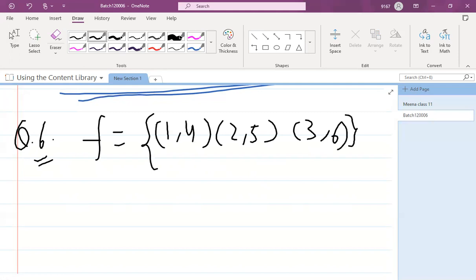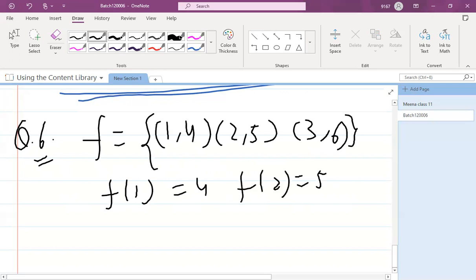So actually we have f(1) equals 4, f(2) equals 5, f(3) equals 6. We see that they all have unique values.